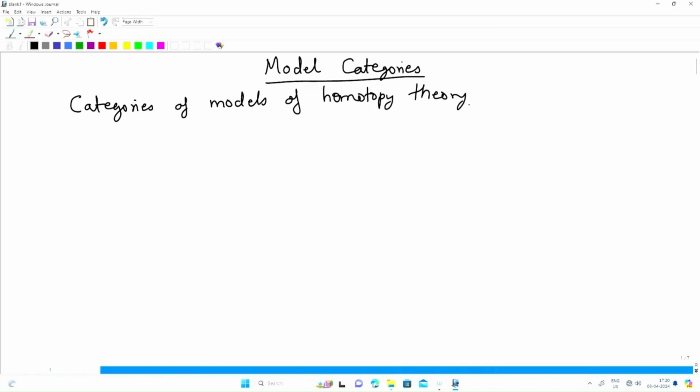So model categories, on the other hand, will tell us how to obtain this homotopy category very simply. Okay, we want to invert certain morphisms and we will do that. But it should be done in a very natural way, so that the category should itself have enough structure that everything will be smooth. So the purpose here, of course, is localization.